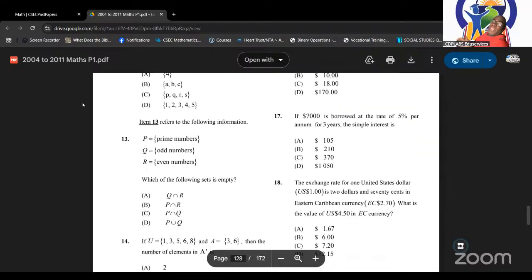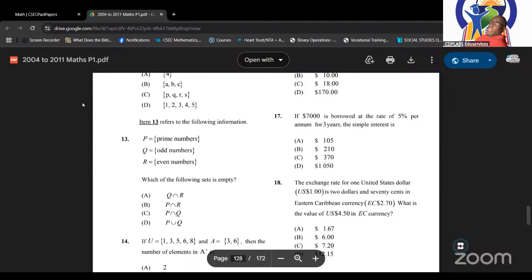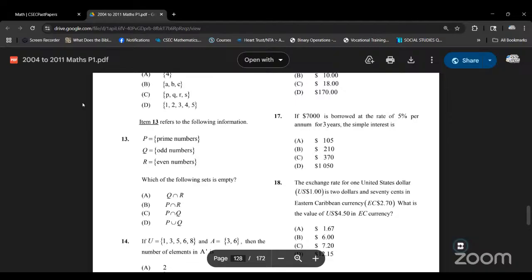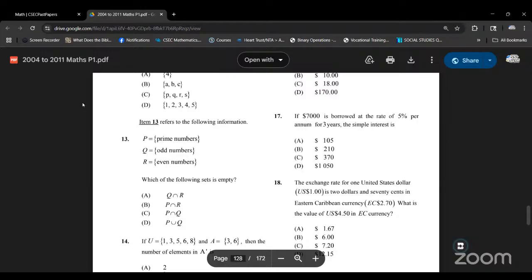All right, go to number 17 now. Read it, please. If $7,000 is borrowed at the rate of 5% for 3 years, the simple interest is... We have learned this in our school now.